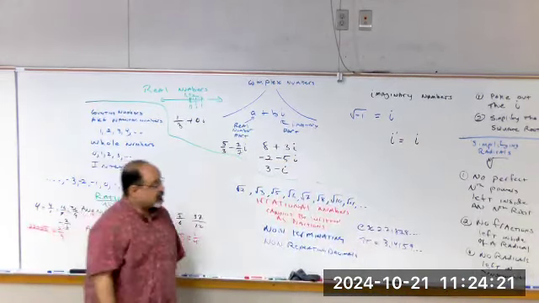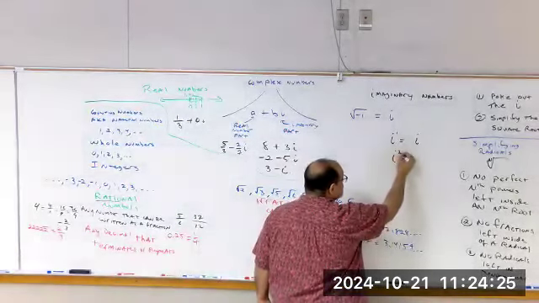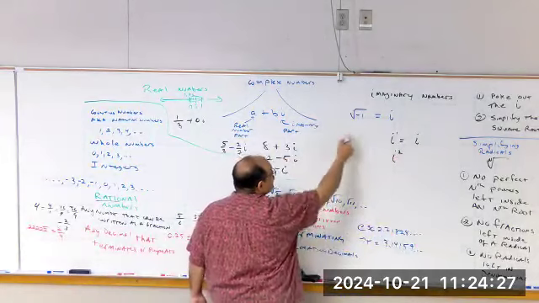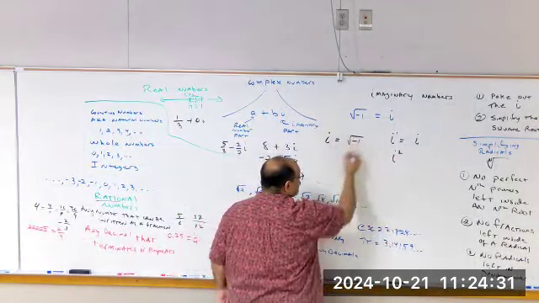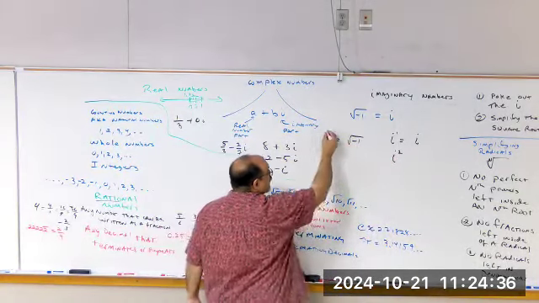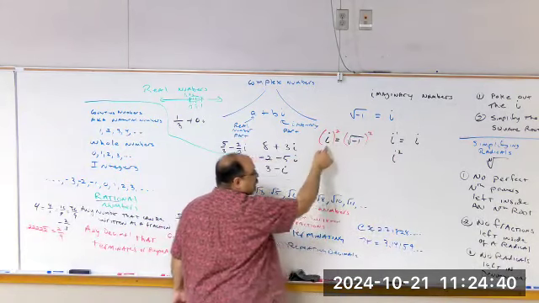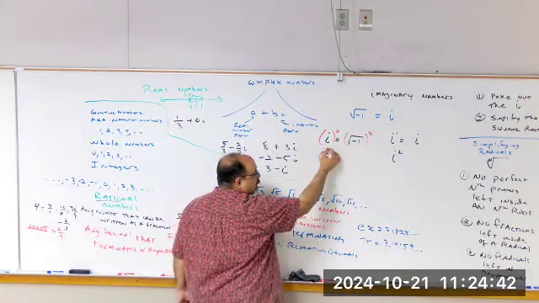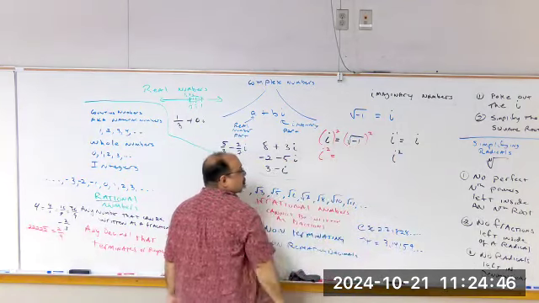Anything to the first power is itself. Now i to the second. Take a look. i is the square root of -1. If I square both sides, there's my i squared. What happens if I square the square root?